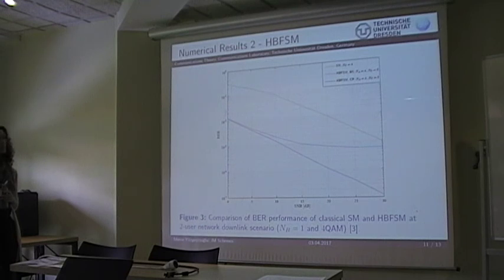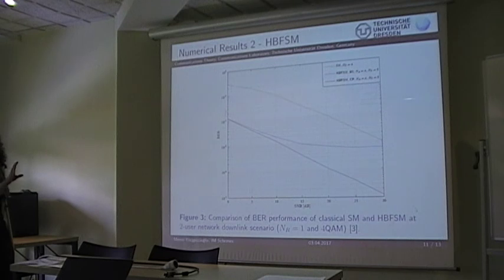Because, for example, SM, you have NT equal to 4, but first of all, SM is open loop. Open loop, so you don't have channel state information at the transmitter, you have only one active radio frequency chain, and in the other case, if I understand it, you have 4 radio frequency chains that are active or not. And A is equal to NRF?